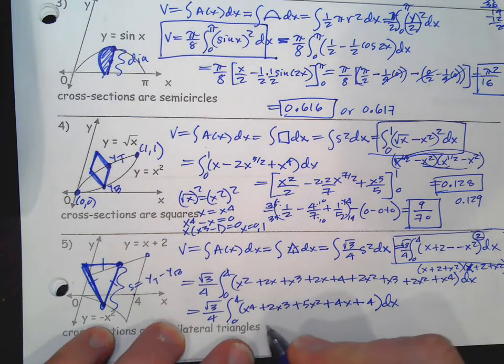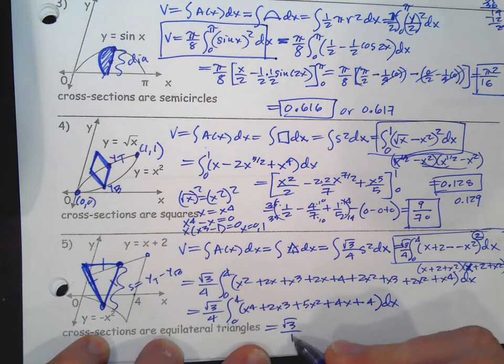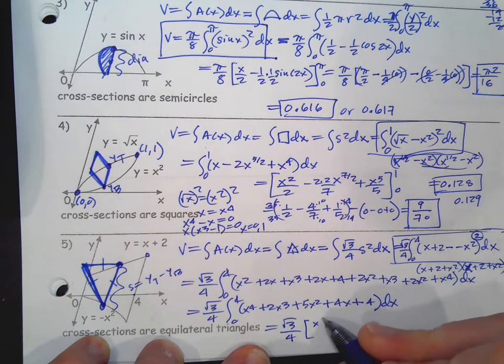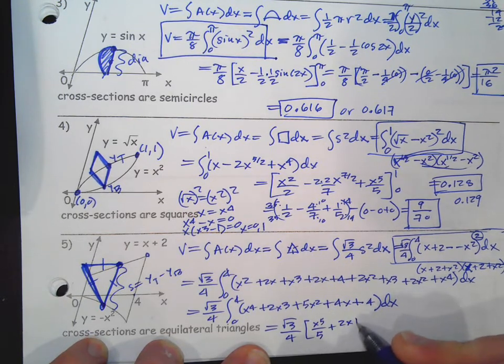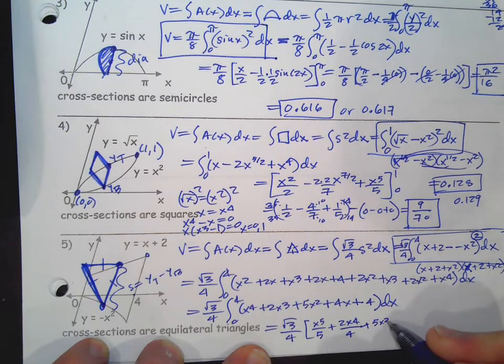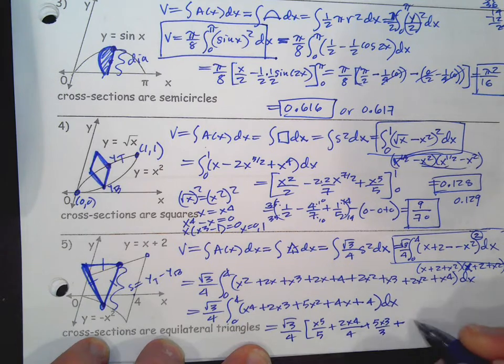Okay. The integral would be x to the fifth over 5 plus 2x to the fourth over 4 plus 5x cubed over 3 plus 4x squared over 2 plus 4x, 0 to 4.